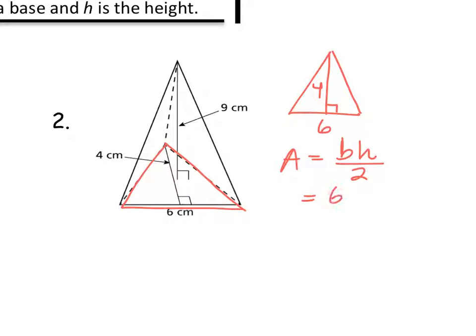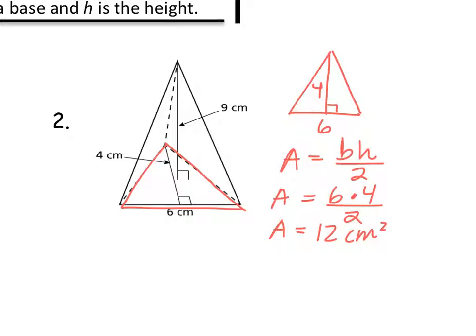So we're doing 6 times 4 divided by 2. So what is the area of the triangle? 12 centimeters squared. Okay.